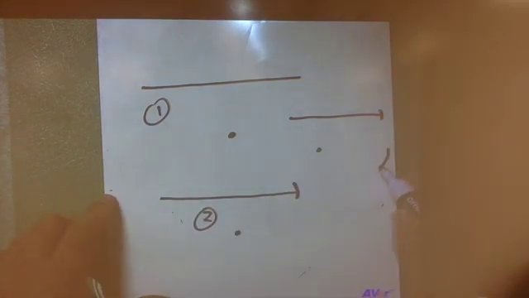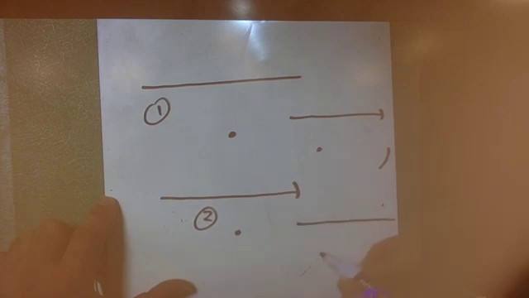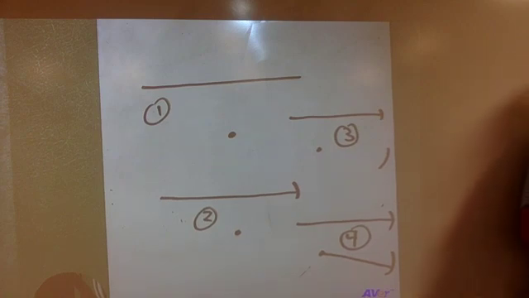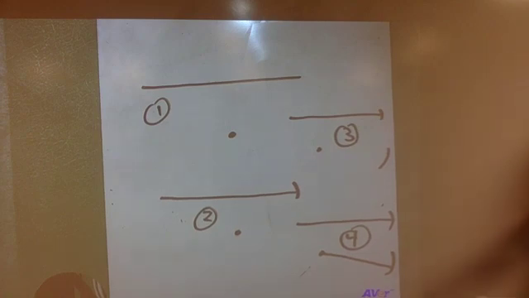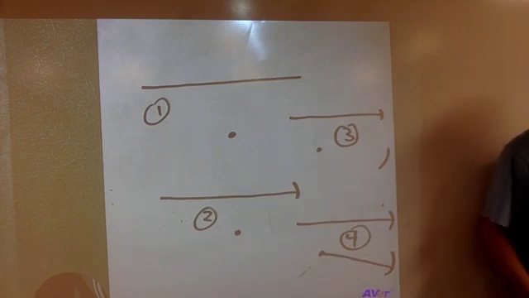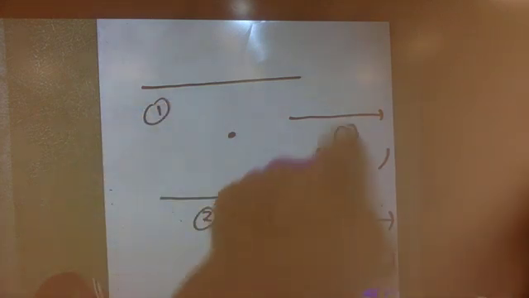And then drawing number 4 would be to connect to there. So that was actually 4 steps to copy a segment. All you have to do is draw what you see, hit next, draw that, hit next, draw that, but start over with each one.